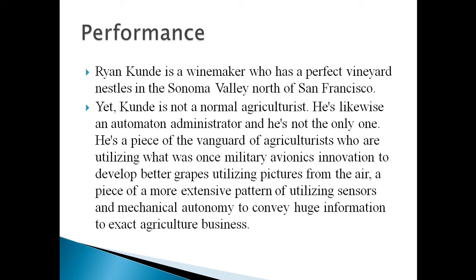He is a part of a vanguard of agriculturists. Vanguard is a big mutual fund finance company, and they are utilizing what was once military aviation technology to develop better grapes using pictures from the air, a part of a more extensive pattern of using sensors and robotics to convey big data to precision agriculture business here. So they used these kinds of systems and they got much increment in the field.